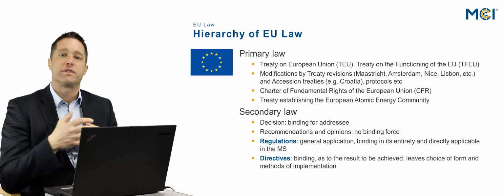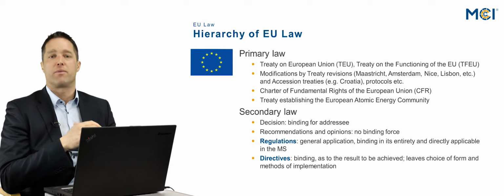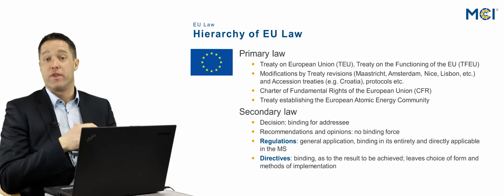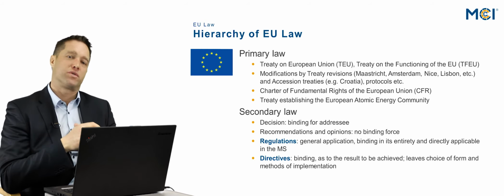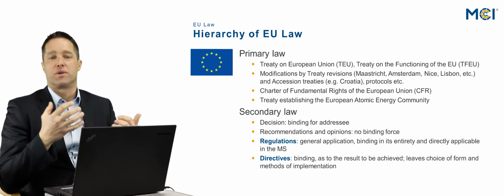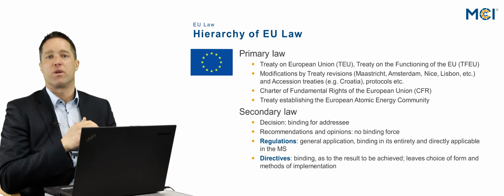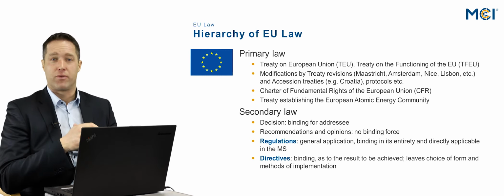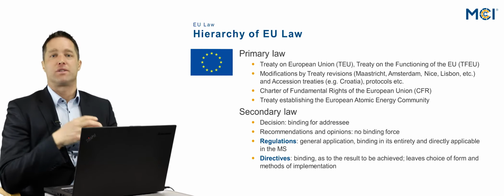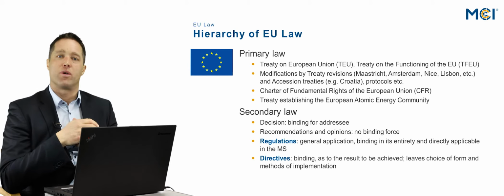So if new member states join the EU, that's also primary law. Also those revision treaties, so the Amsterdam Treaty, the Maastricht Treaty, the Lisbon Treaty or the Nice Treaty, those are all part of EU primary law, accession and revision treaties. Also very important, the Charter of Fundamental Rights of the European Union, that is also qualified as primary law.